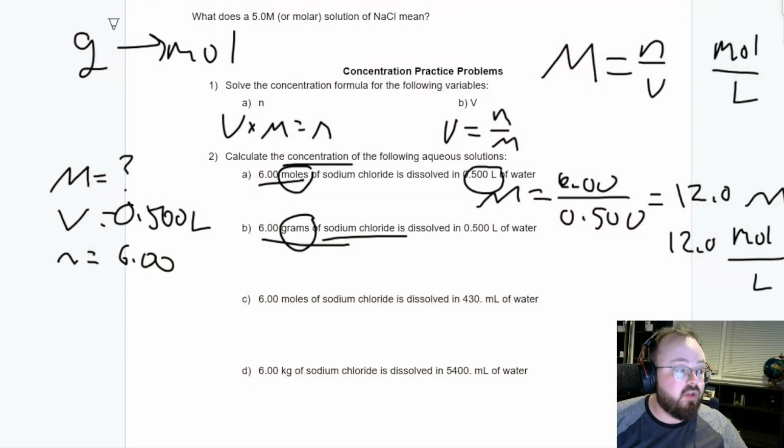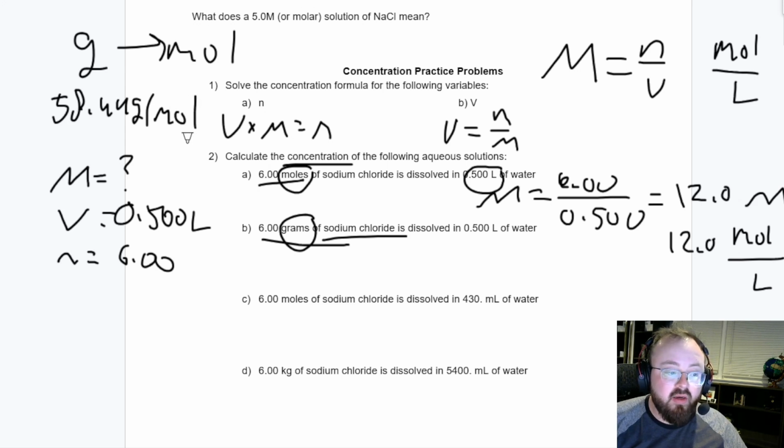Okay? So, our molar mass is 58.44 grams per mole. Now, if we're looking at this question, everything is the same volume, okay? But the molarity is going to be a lot different. Because I don't have 6 moles. I have to find out how many moles I have.